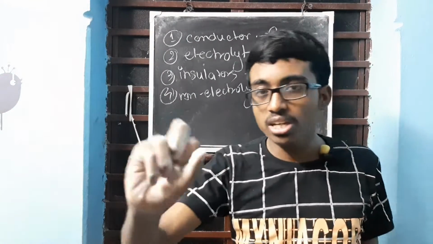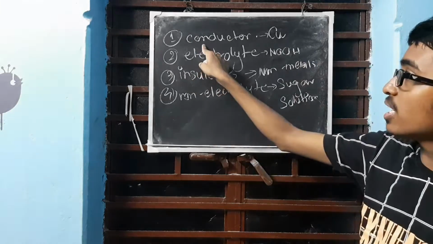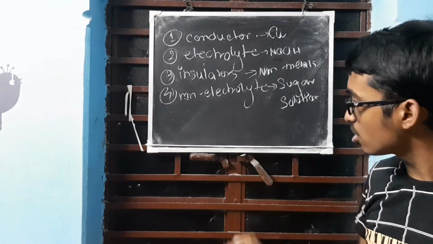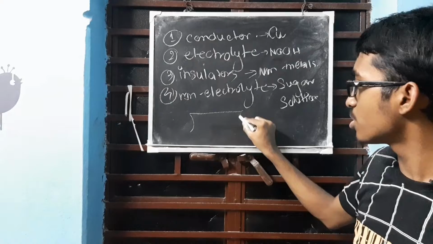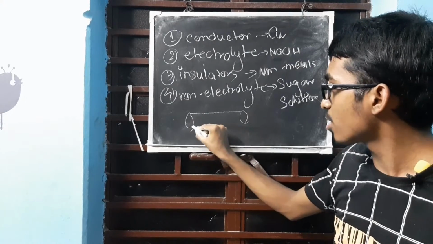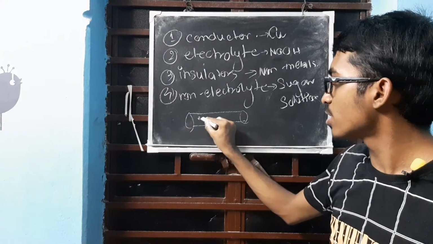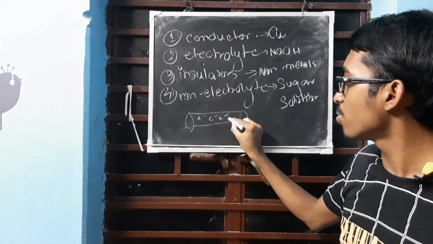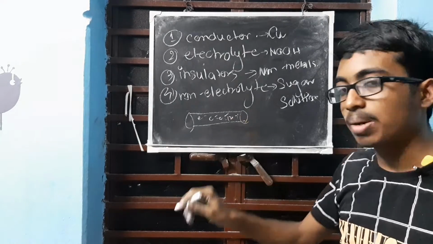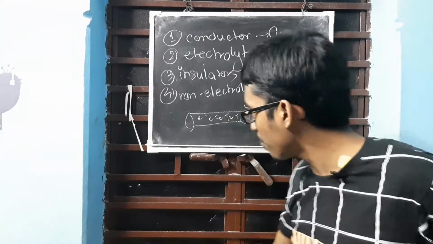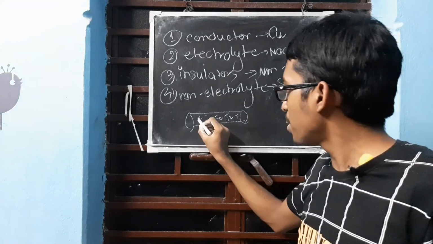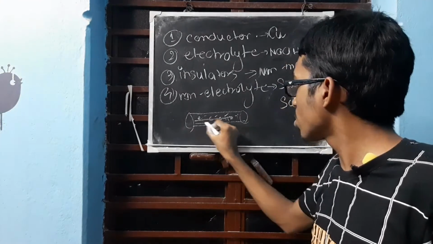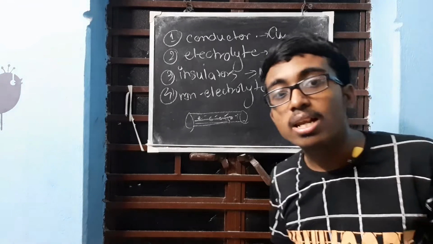In metallic conductivity, what happens? Physics you have learned. If this is the cross section of a metal, electrons are moving, protons are also there, collision is happening, resistance is happening, but current is flowing through it. Current is flowing due to which particle? Electron.